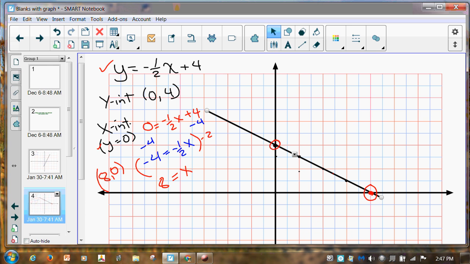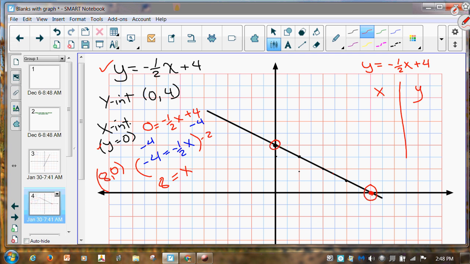Now, ultimately, and I'm not going to cover this here, because I don't think it's really necessary, but if you really had to, you could do an XY table. You could say, here's my equation: Y equals minus 1/2 X plus 4, and let's pick some values of X and calculate what Y would be. So if I put in minus 2 for X, I'd have minus 1/2 times minus 2, which is 1, plus 4, and that would give me 5.